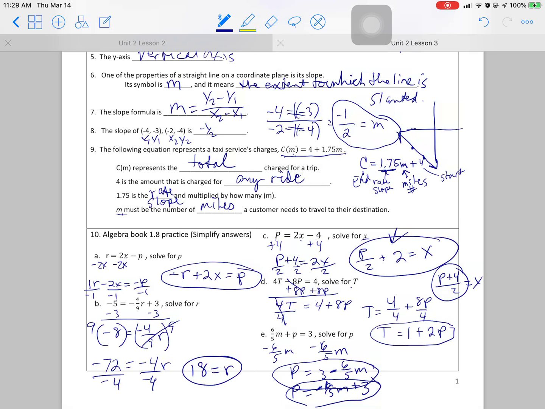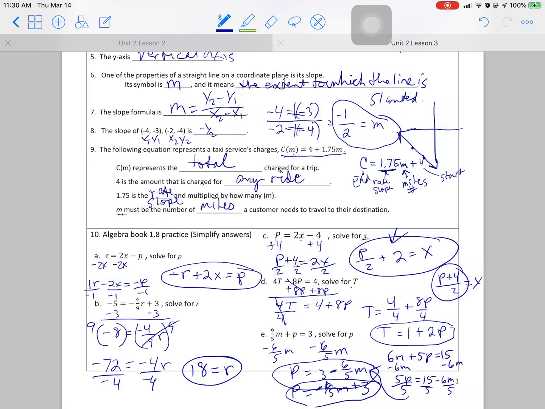If you happen to have cleared the fraction first, you're going to get 6m plus 5p equals 5 times 3 is 15. And then you're going to have to move the 6m over. So 5p equals 15 minus 6m, or -6m plus 15, whichever you want. But then you're going to have to divide by 5. Okay? So that's going to give you p equals the 3 minus the 6 over 5.